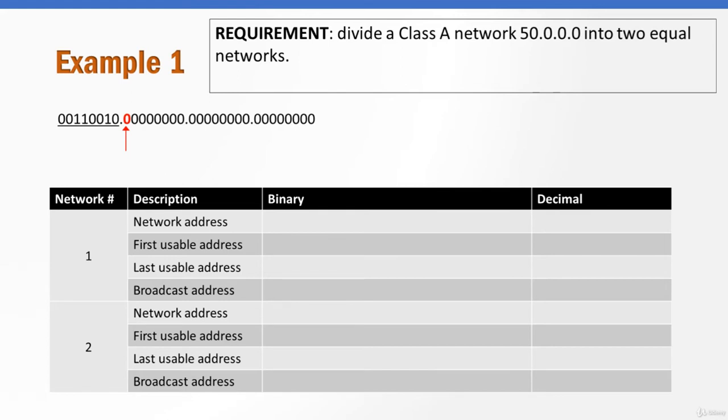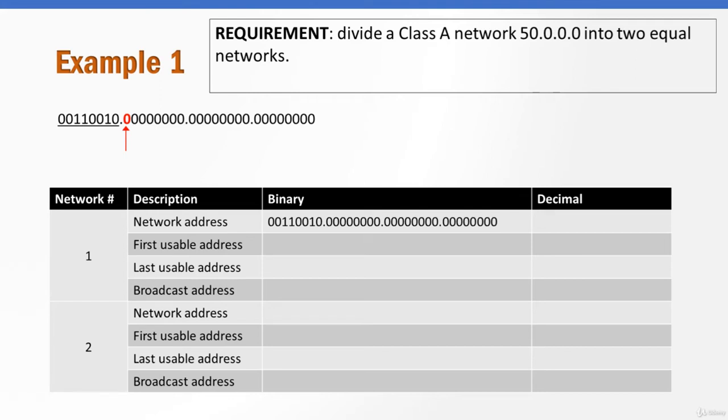So now we're going to have 9 bits representing the network portion. Now, even though this 9th bit is part of the new network portion for the new 2 subnets, it's still going to be 0.